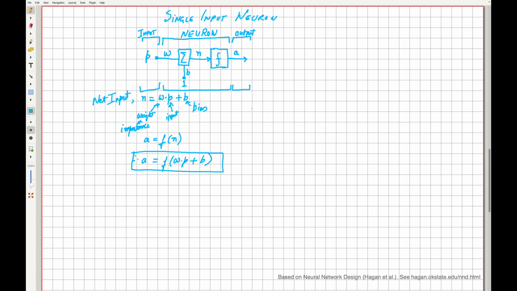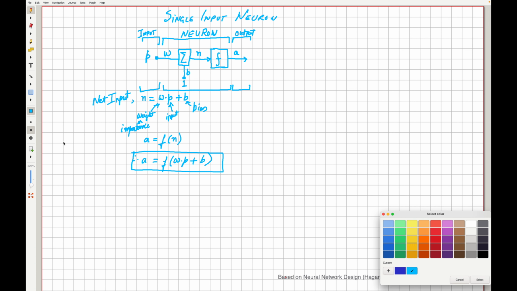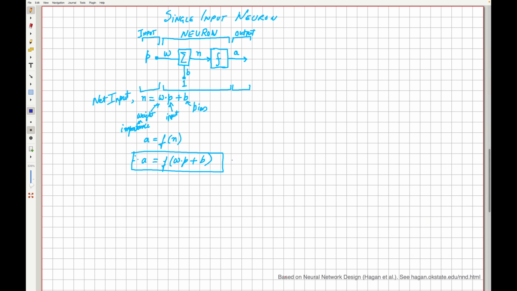Now let's say if we plug in some values, what will happen? Let's try this out. Let's say W is 0.5, the value for P is 2.0, and the value for B is 1.